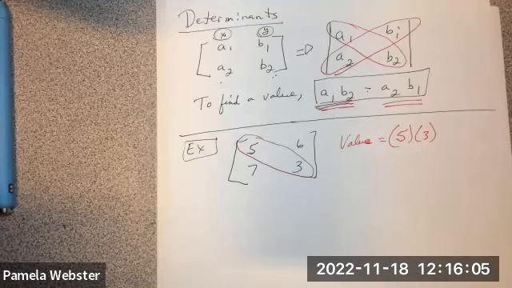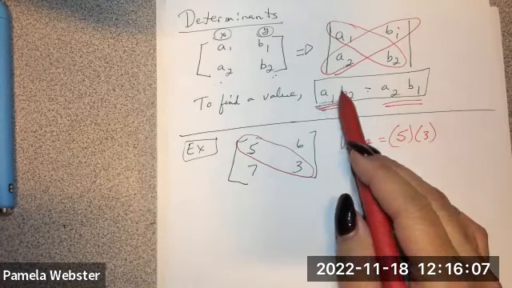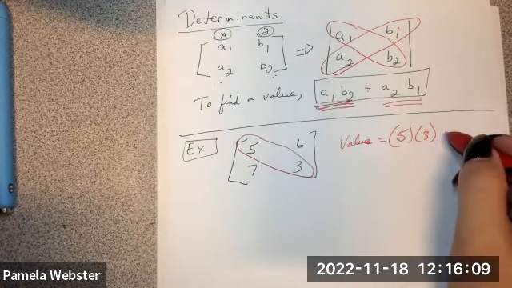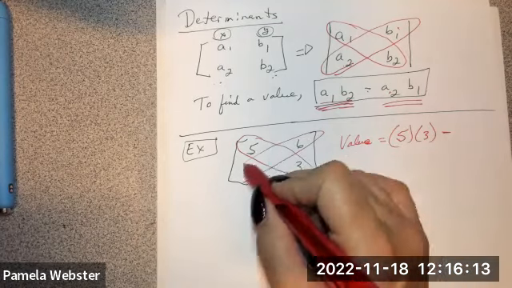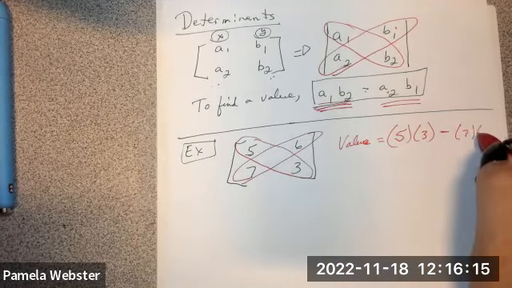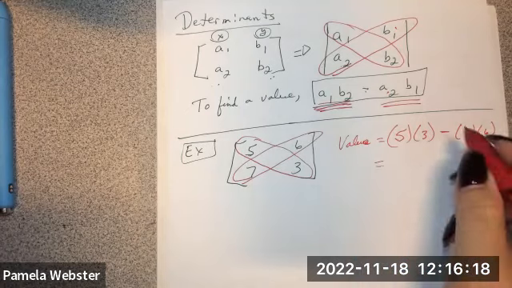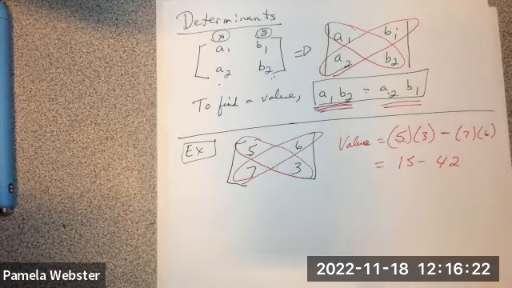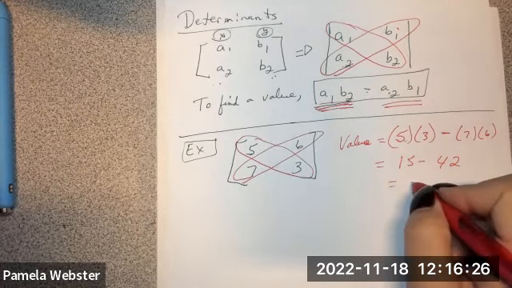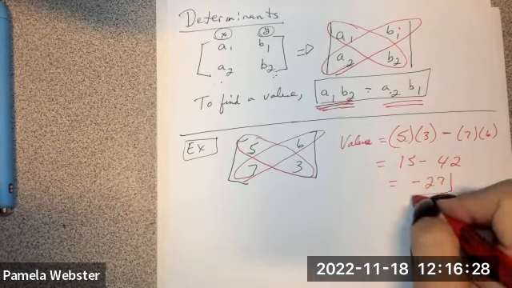Then it says subtract the other diagonal, 7 times 6. So my value here is 15 minus 42, and if I punch that into my calculator, I see that this is negative 27.